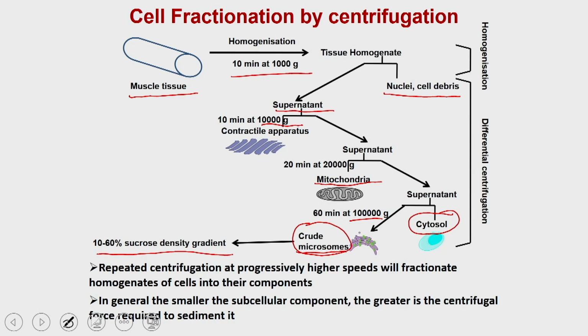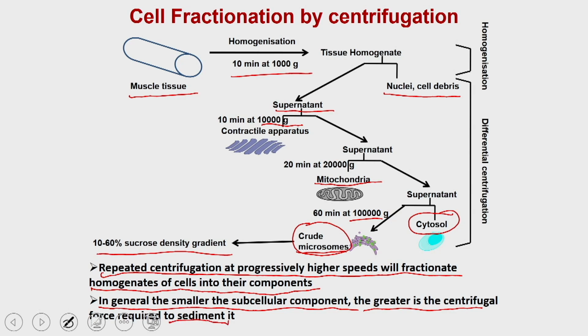So, what we are doing is repeated centrifugation at progressively higher speed, which fractionates a very complex cell homogenate into its individual components, which means the individual organelles. And in general, the smaller the organelles, the greater is the centrifugation force required to sediment them.